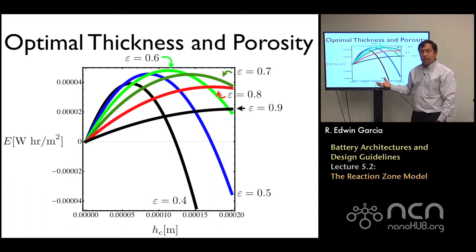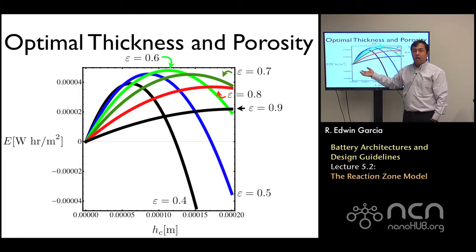So clearly there is an optimal thickness and an optimal porosity at which we will be able to maximize that energy density. And if you look at the previous slide and try to use those values of that equation of the energy density as a function of porosity and thickness, you can optimize that electrode in the absence of diffusion limitations.